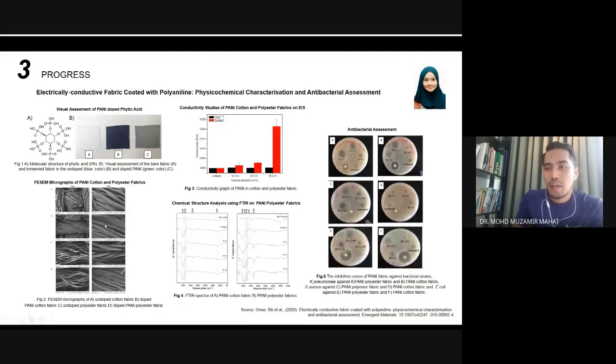If you see this one as well, here you see doped penny fabrics. This one is undoped. Undoped is the C one. B is the cotton fabrics. A is the undoped one.